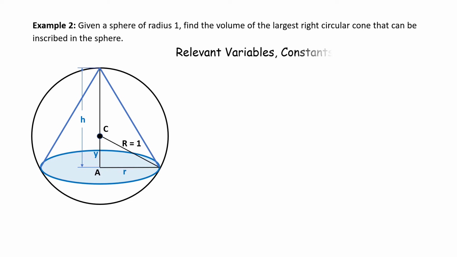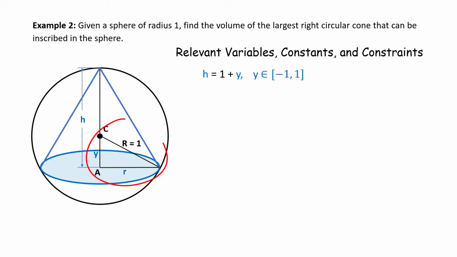Let's look at some relevant variables, constants, and constraints. The height of the right circular cone is the sum of the radius of the sphere and the distance from A to C. We can write that as H equals 1 plus y. y has to be between -1 and +1. We cannot subtract or add more than the length of the radius of the sphere.